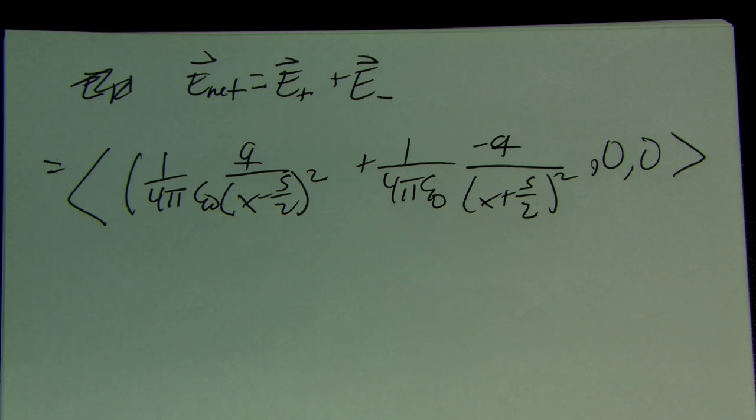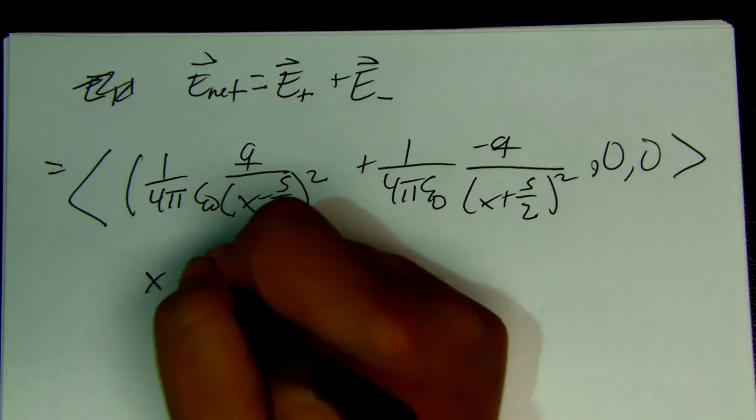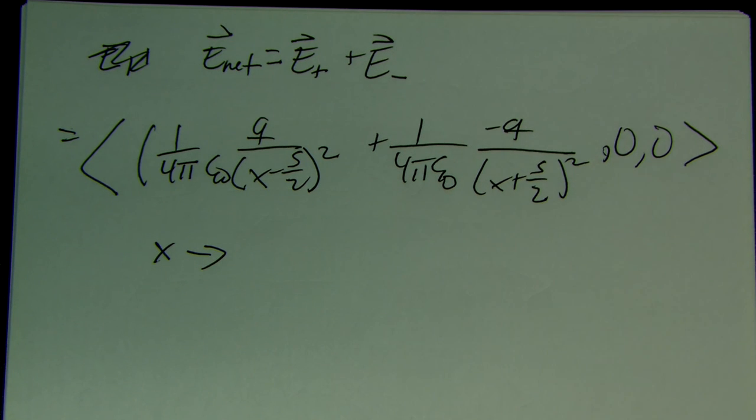All right, so at this point we want to go ahead and generalize the result. So instead of x, we're going to say r, where r is just the distance between the dipole and the observation location on axis. This is because you might have a dipole in y, or you might have it in z, or you may have it in two planes. And so we want a generalized formula.